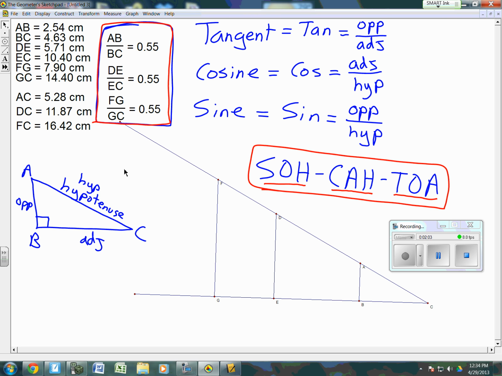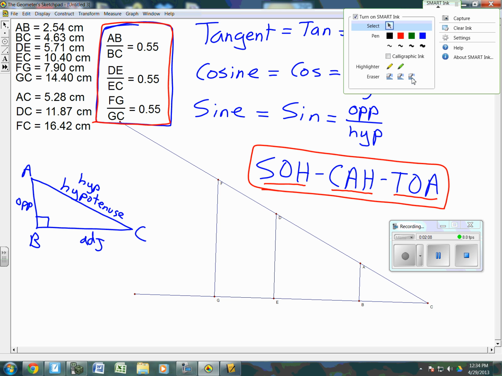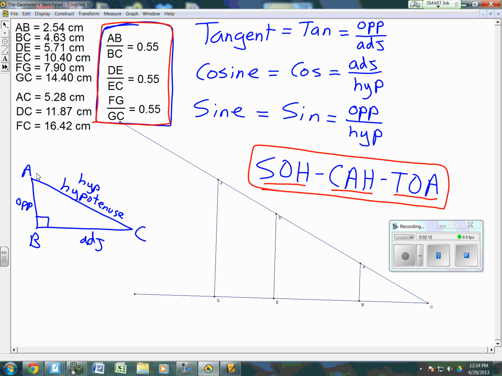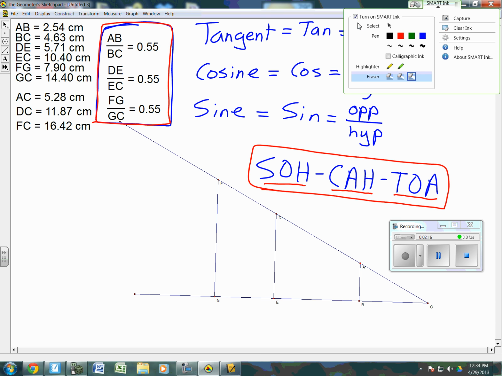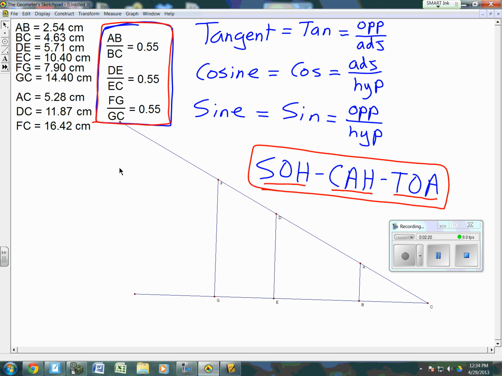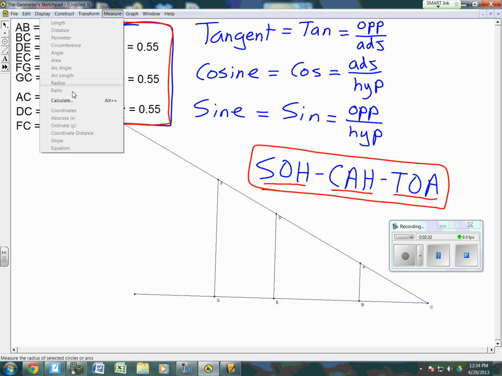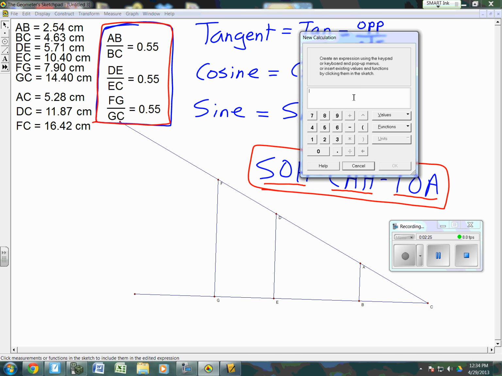And then, to find the cosines, I'm going to erase this really quickly. Okay, to find the cosines, I am going to get my measure tool, calculate, and I am going to calculate BC.